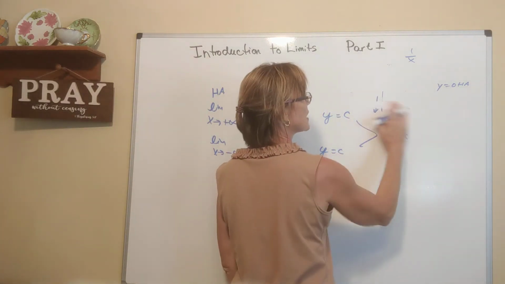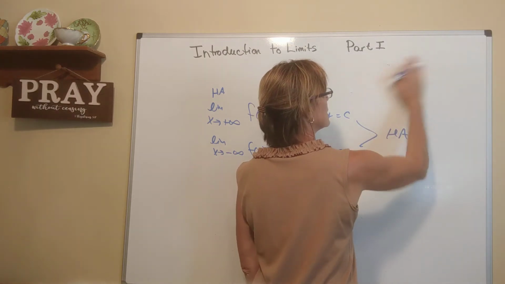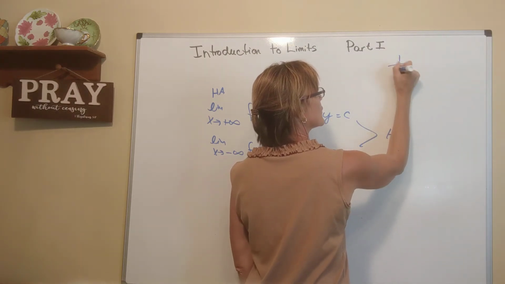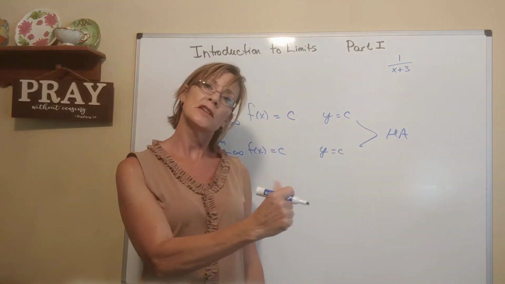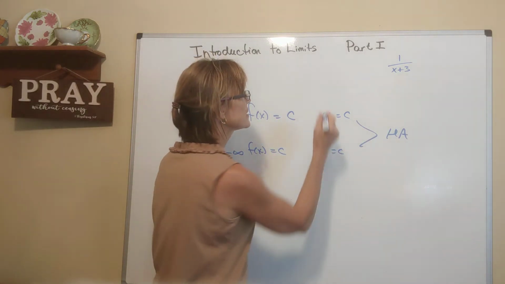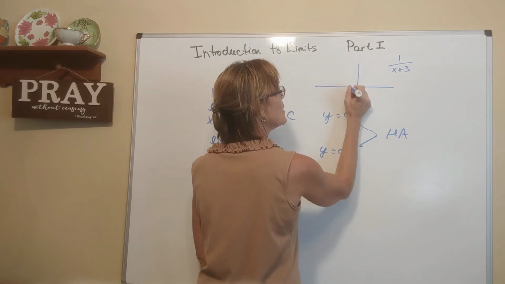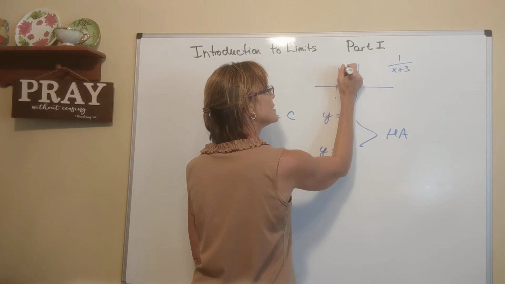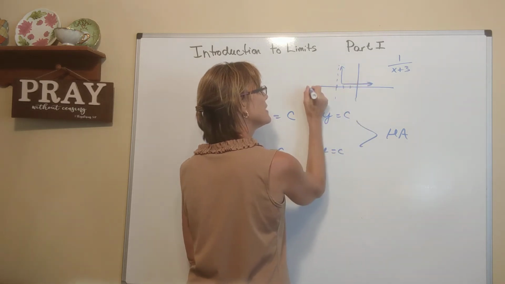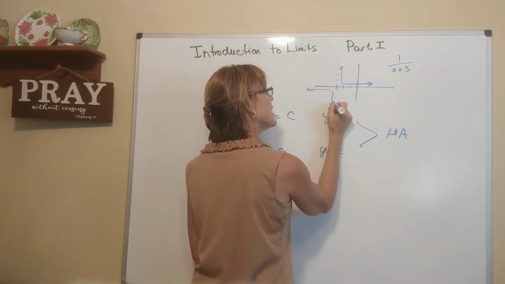What if I change this slightly? 1 over x plus 3. This is the basic graph, 1 over x, but it's being shifted to the left 3. So let's shift it to the left, 1, 2, 3. So this is my new xy axis, right? So that means I'm going to have a picture that looks like this. Okay, that's fine.